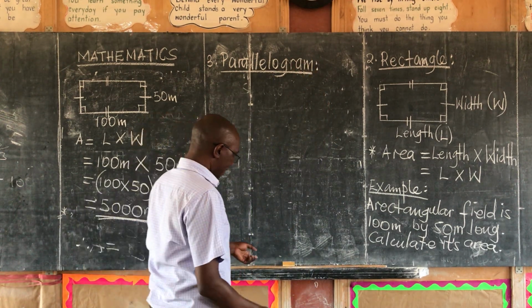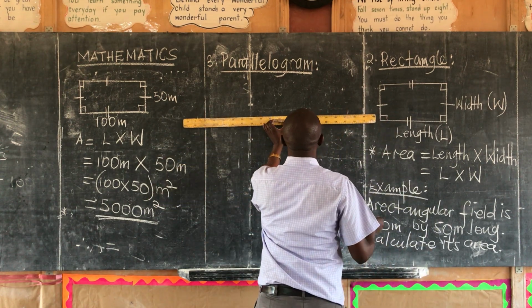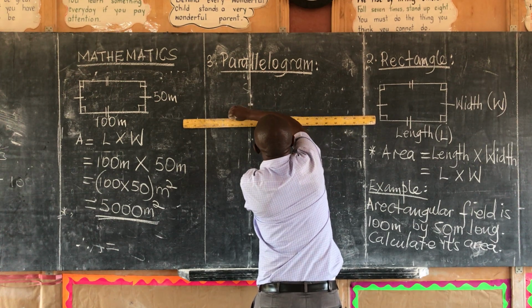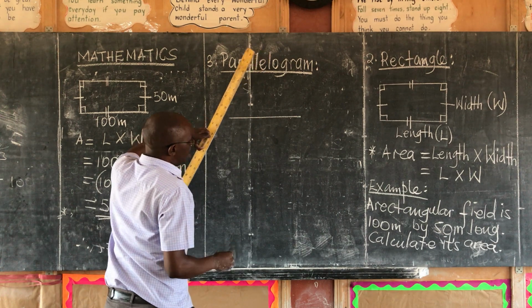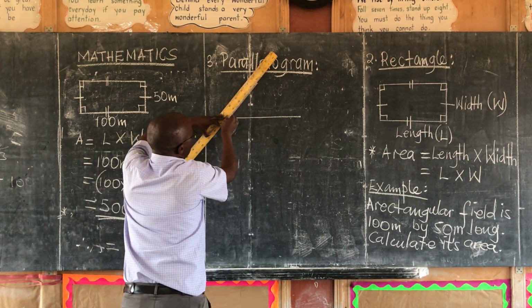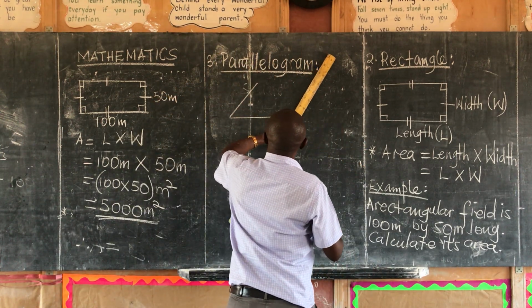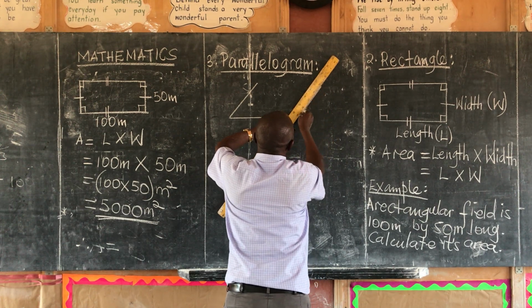How does it look like? Some people call it a slanted rectangle. Why? Because two of its opposite sides are equal. It shares some of the properties of a rectangle.